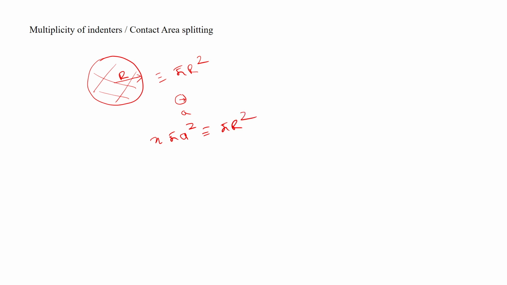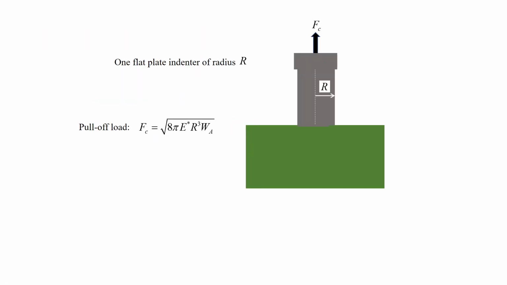Instead of one single indenter we have n number of indenters, such that a is equal to R by square root of n. Now, for a flat plate indenter of radius R, the pull off load is given by this, for a single indenter.